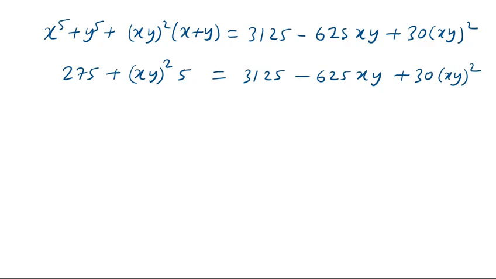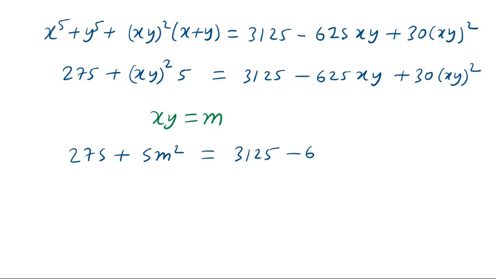Now here we will apply substitution again and substitute xy is equals to m. Then in the left hand side, 275 plus xy is replaced by m square times 5. So this is 5m square is equals to 3125 minus 625 and replace xy by m plus 30 and replace this xy by m.